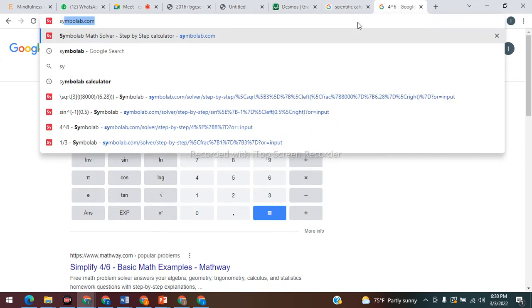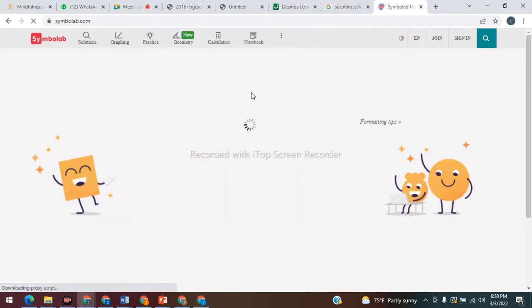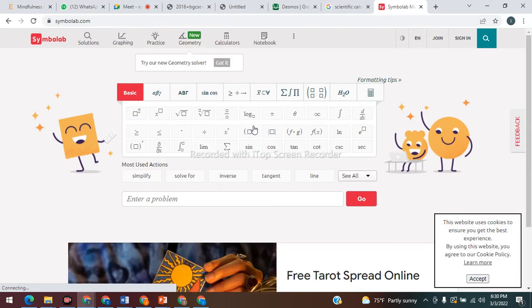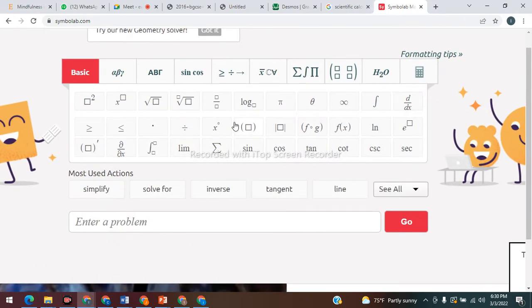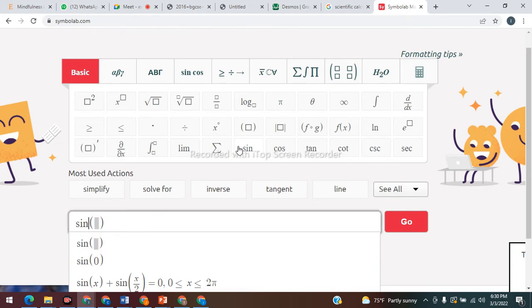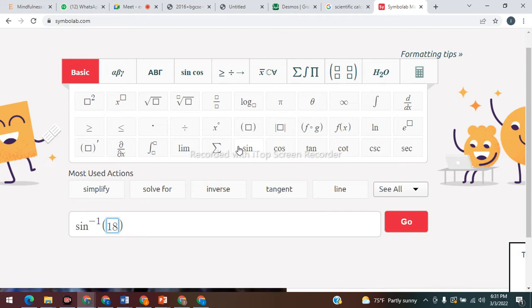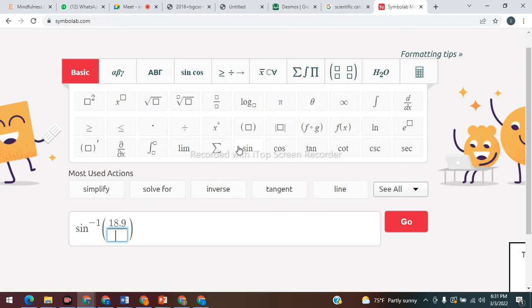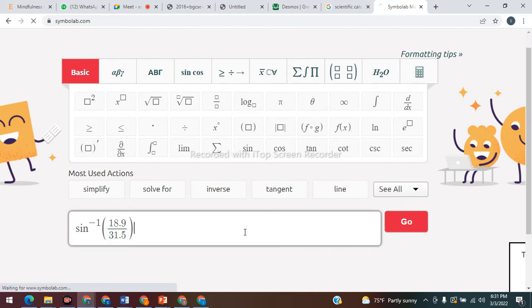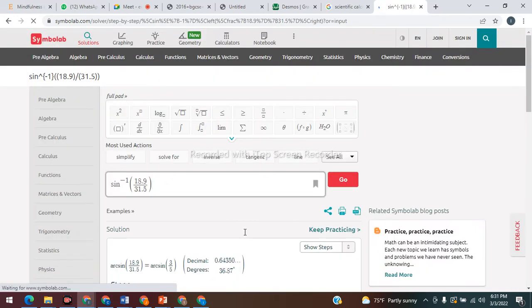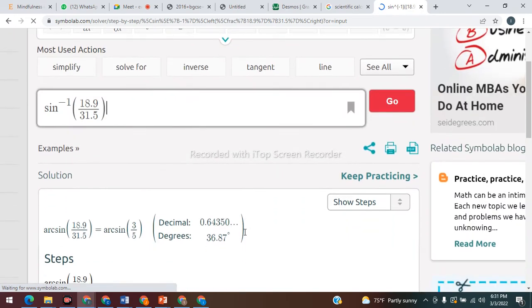In your calculator, you put sine inverse of 18.9 divided by 31.5, and that gives you 36.87.